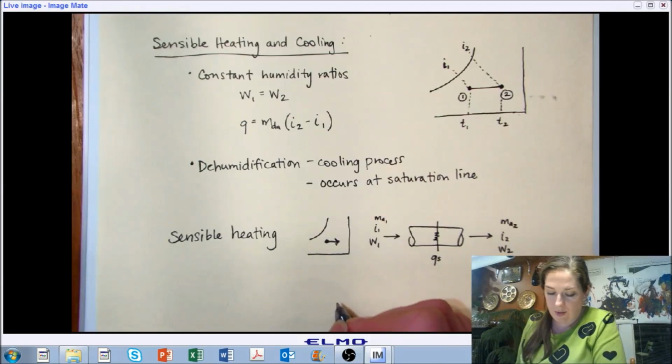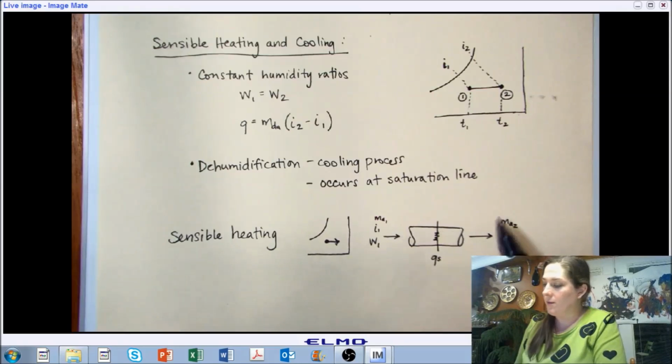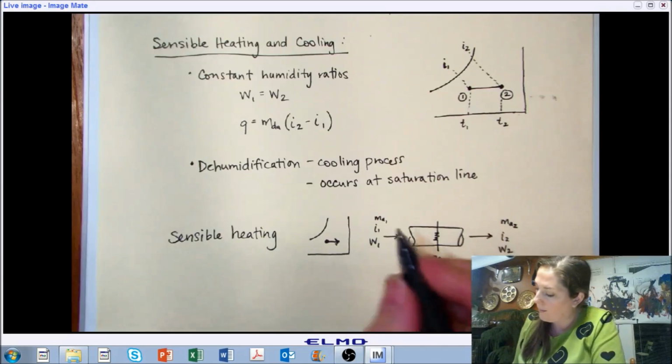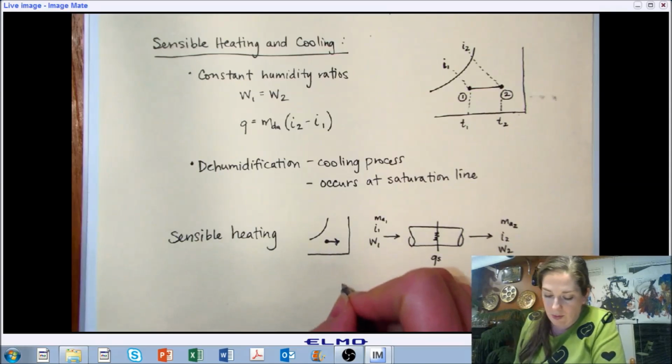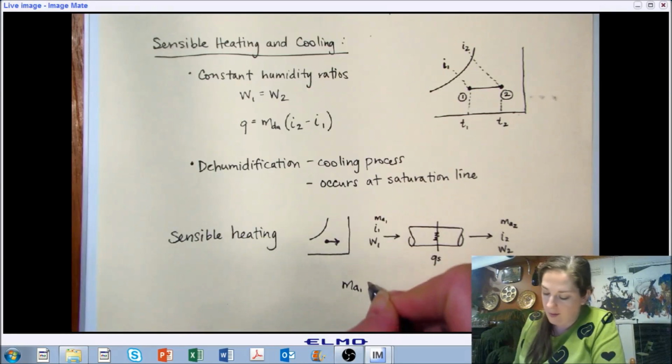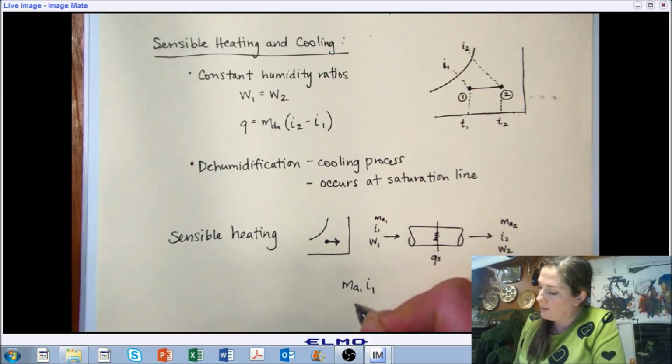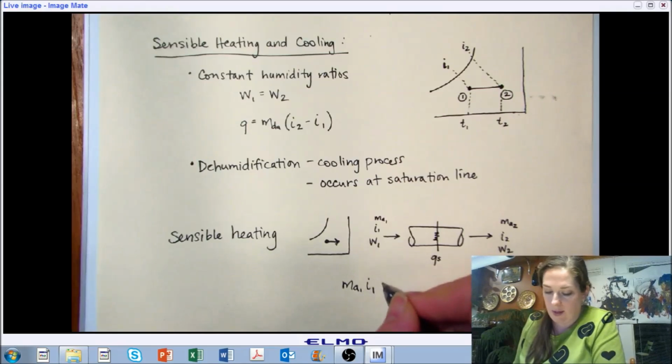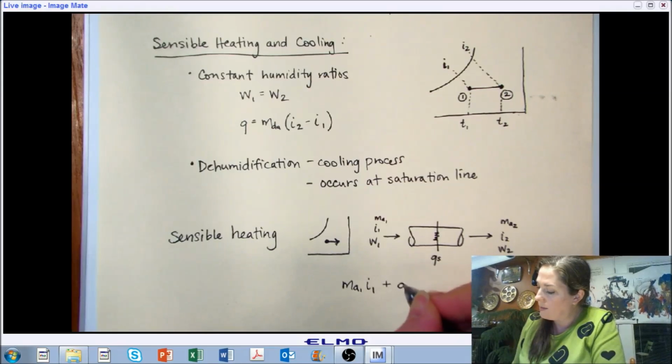If we want to then calculate the amount of sensible heating required to get from one point to another, we can do a balance on our example. So the mass times the enthalpy plus the amount that's supplied, so this is what's going in, is equal to what's coming out.